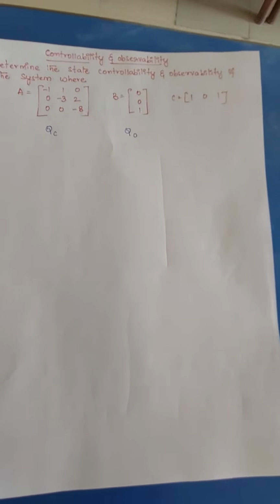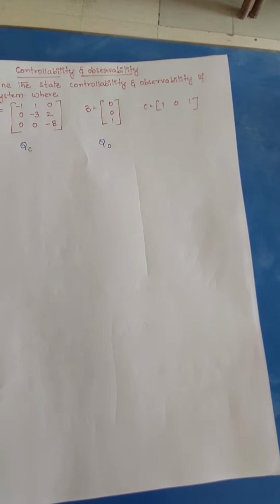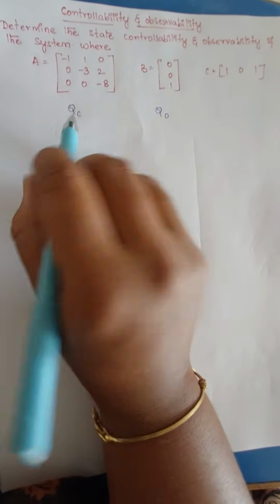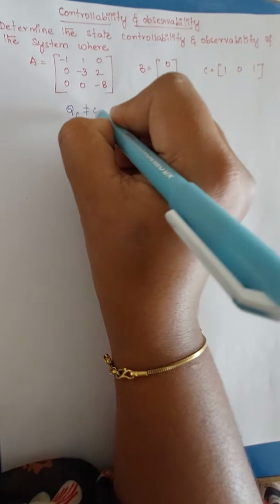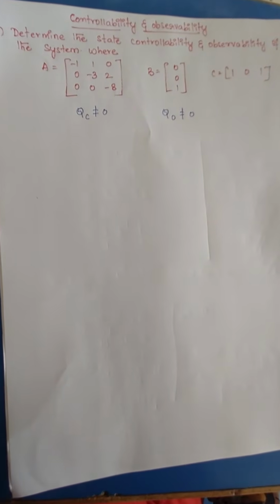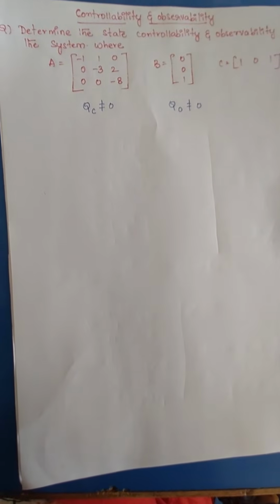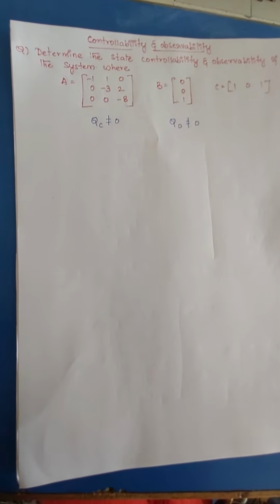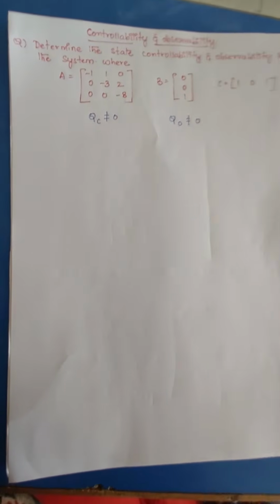When you find QC and Q0, if the rank or determinant of these matrices is not equal to 0, that is, if they have finite values, then we can say that the system is controllable and observable. Now for this given problem, we are going to check whether the system is controllable and observable.